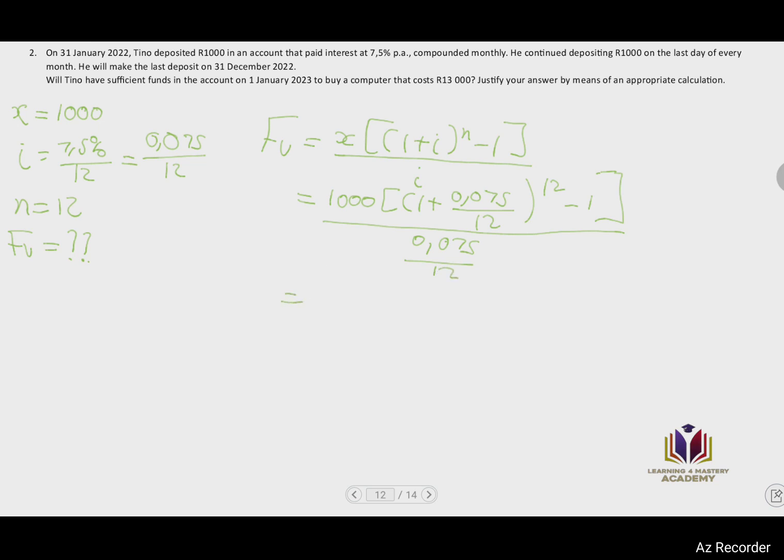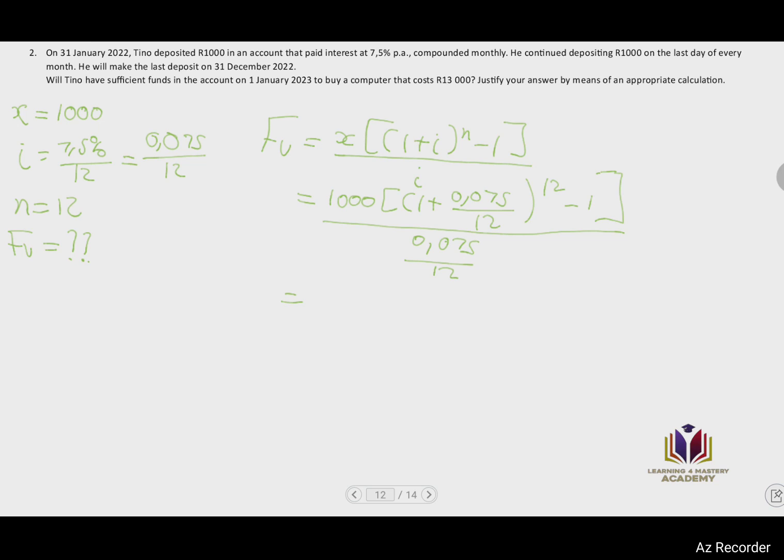Then we put this in the calculator. 1,000 open bracket, open again, 1 plus 0.075 over 12 close bracket to the power of 12 minus 1 close bracket, all over 0.075 over 12.